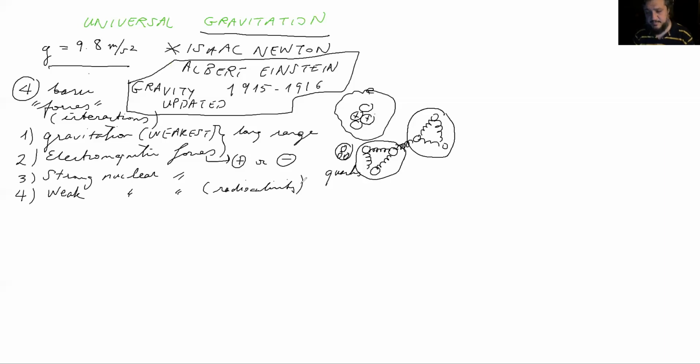Okay, so let's leave it there and focus on gravity. Gravity is the weakest of all. And it took a long time before people discovered what gravity is, or that there's such a thing as gravity.